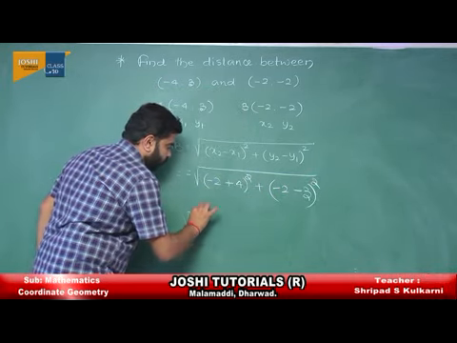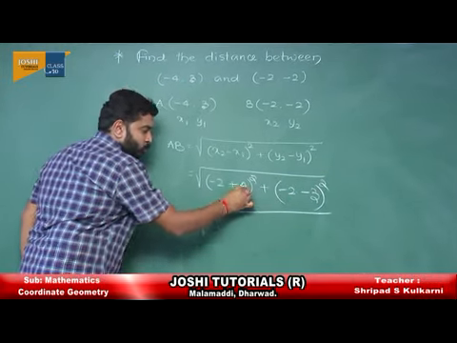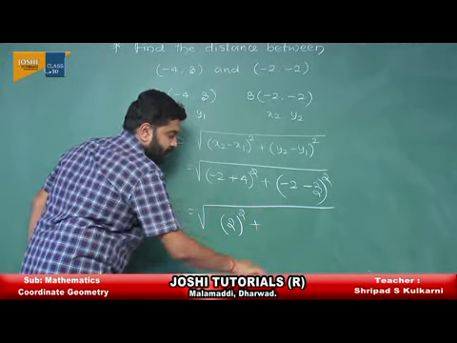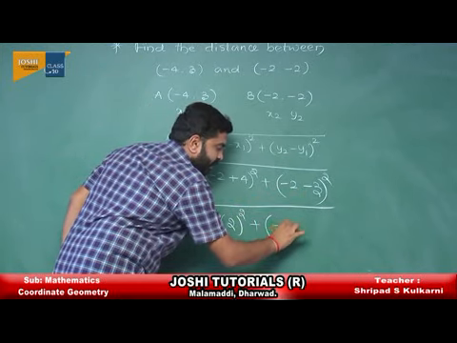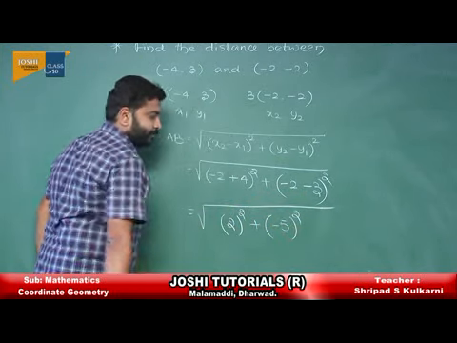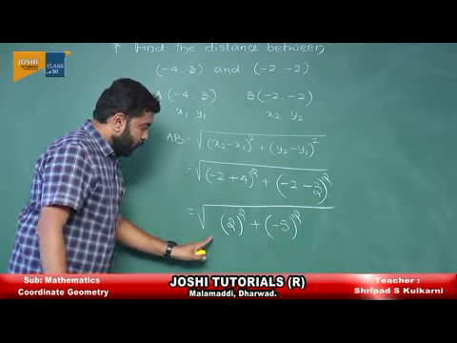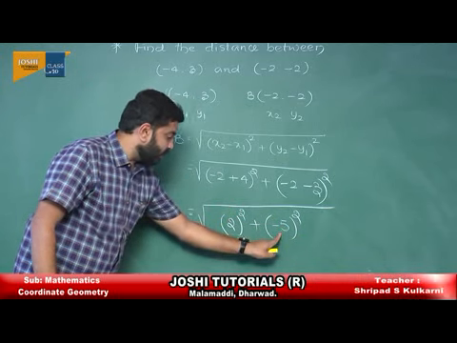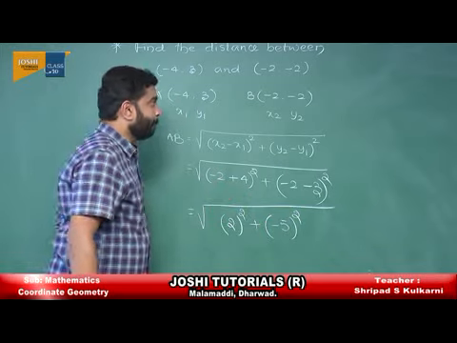Square root of, this is minus 2 plus 4, so 2 square, plus minus 2 minus 3, which is minus 5, whole square. Next, I'll continue there. 2 square is 4, minus 5 square is 25.